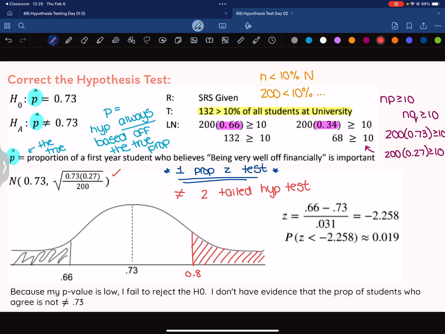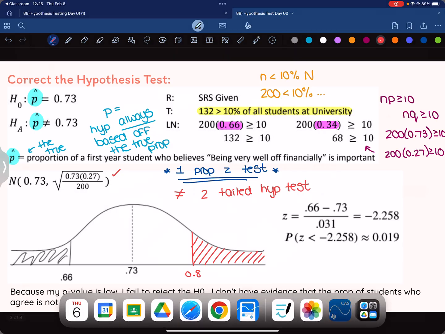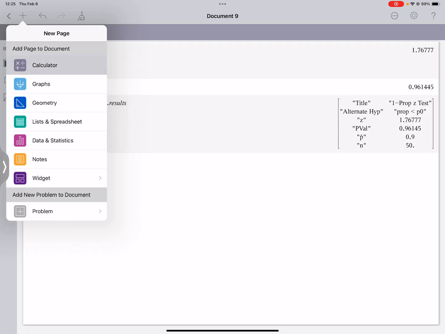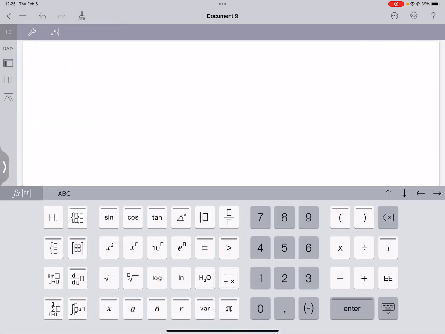Now, I can double check my math here. I'm not 100% sure with it, but I'm going to bring in my calculator for a quick moment. I'm going to add myself a fresh calculator page for today's stuff. So we're looking at that calculation just to double check. My 0.66 is my sample minus that 0.73 all over the square root of 0.73 times 0.27 all over our 200.